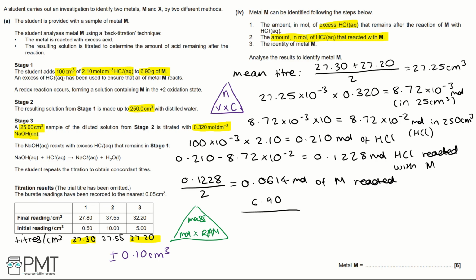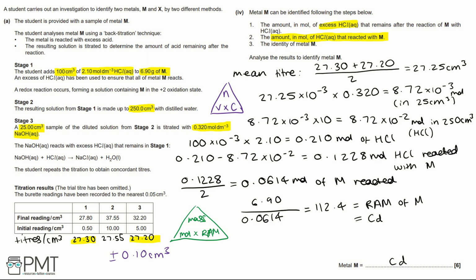So now we're dividing by the moles, which is 0.0614 moles, and that's going to equal 112.4 as the relative atomic mass of M. So then we refer to a periodic table, and 112.4 is the relative atomic mass of cadmium, or Cd, which we can write as our identity of metal M.